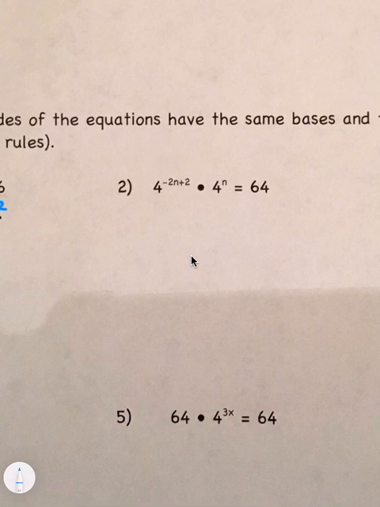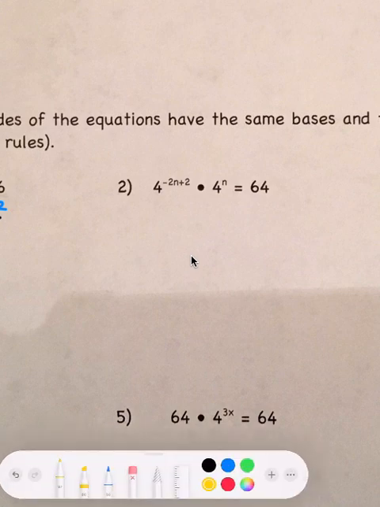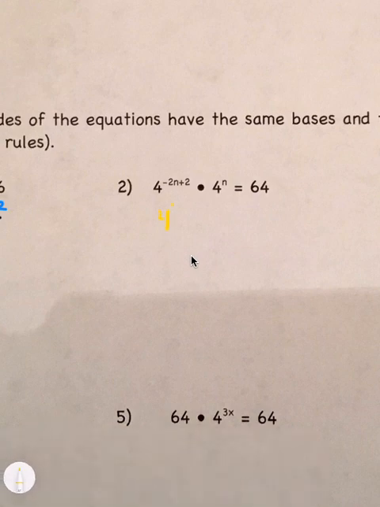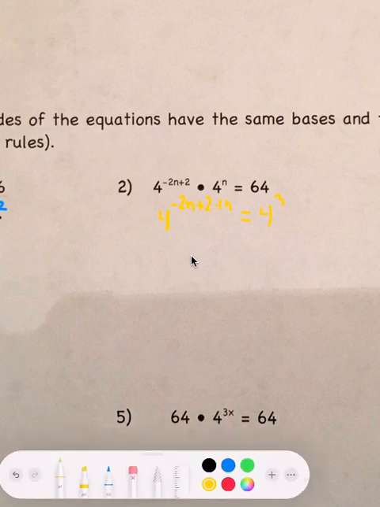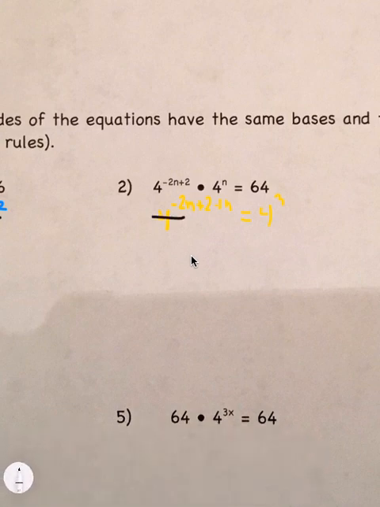Number 2 is going to be very similar. So when we're multiplying, we add the powers together, negative 2n plus 2 plus n, and then 64 is 4 to the third power. So we get that, and we can cross out the bases.